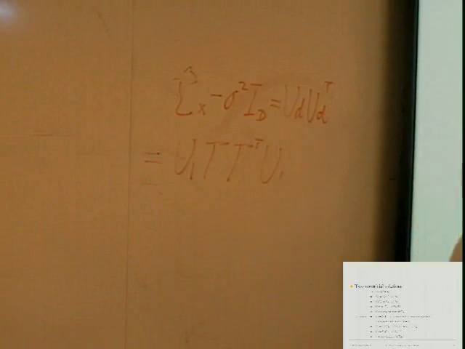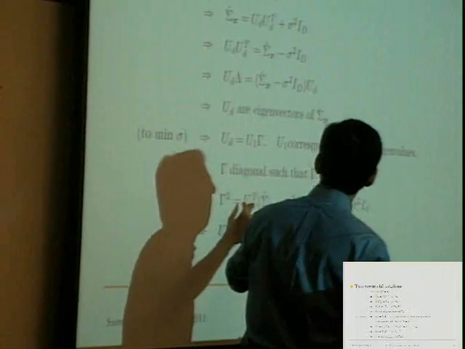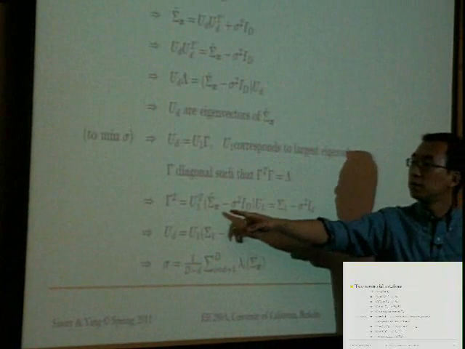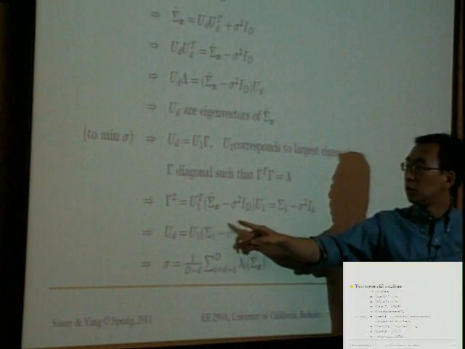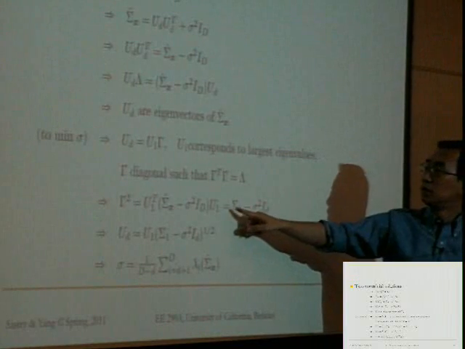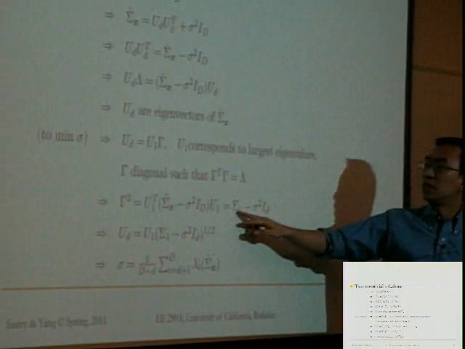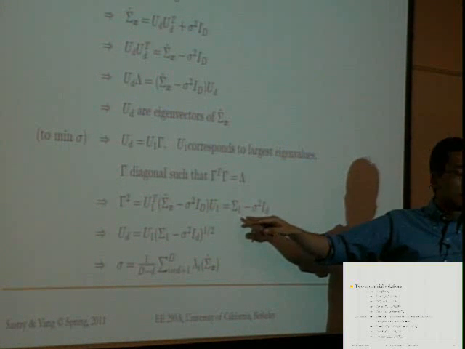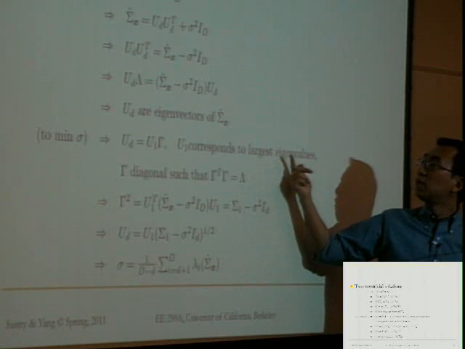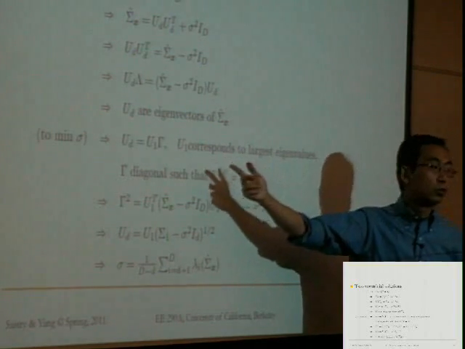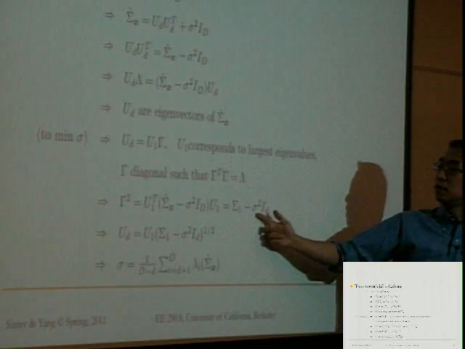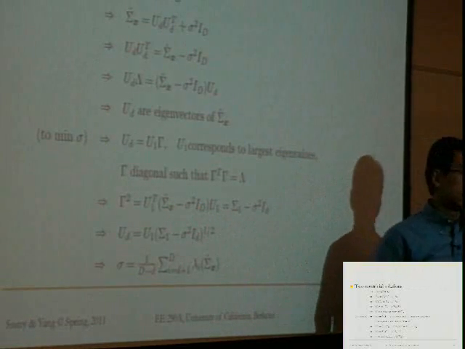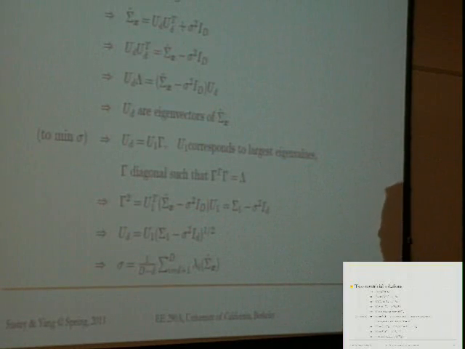And because this matrix corresponds to the eigenvectors of sigma hat of x, so that becomes sigma 1, which is a diagonal matrix that corresponds to the eigenvalues corresponding to U1. And then the second term, these two will cancel out, and then that gives you the second term. Okay?